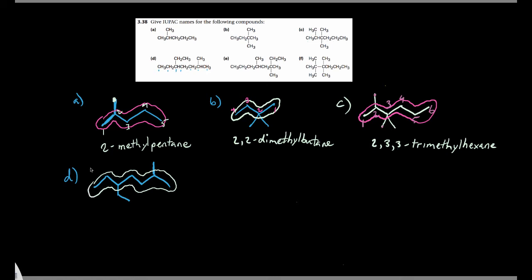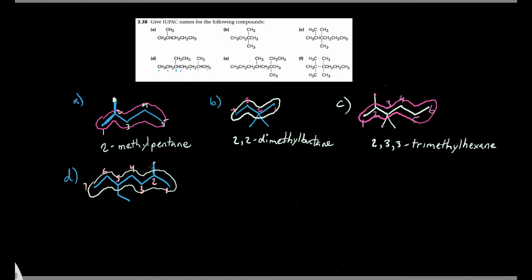So we'll give the first substituent the lowest number, and that would be this methyl here. So if we number 1, 2, 3, 4, 5, 6, 7, there's a methyl on 2 and an ethyl on 5.